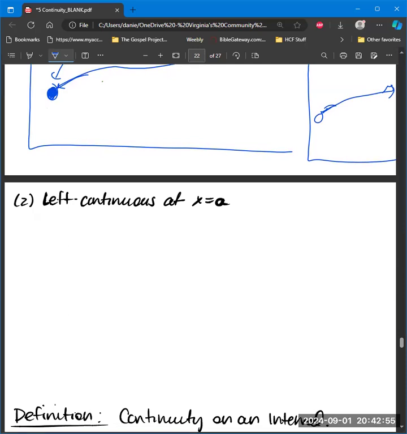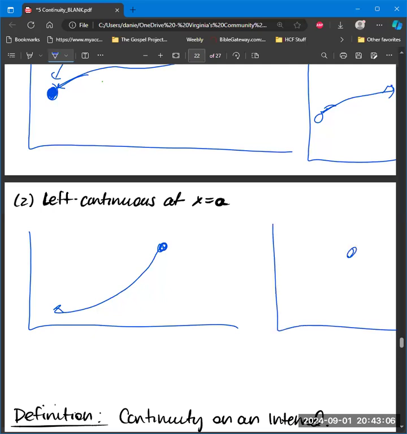For left continuous, we would have something that would look like this, but we would not have something right continuous if it were a hole on the right hand side.